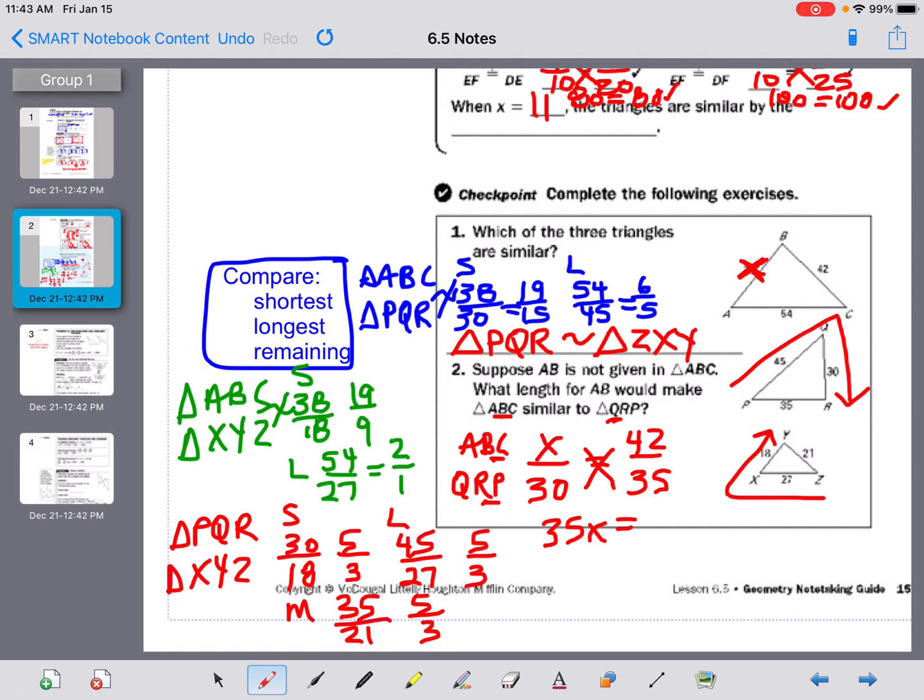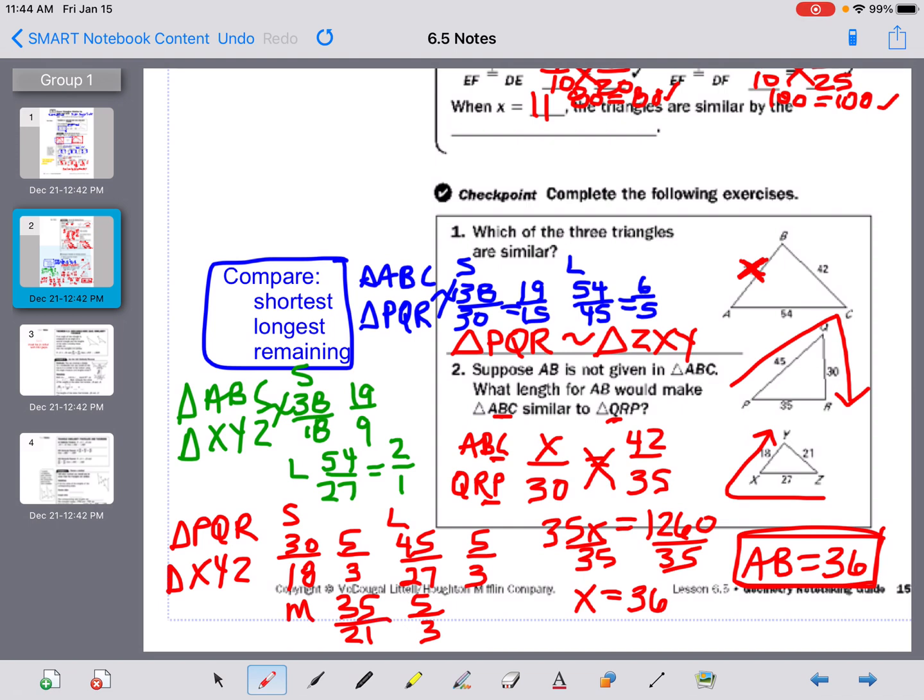Calculator will be handy for that. 1,260. Now I divide by 35 to find my x. And I do get 36. So if AB is 36, instead of that 38 it started out with, I would have been proportional. And just for the record, you could have used side CA and PQ as well. You didn't have to use those two.